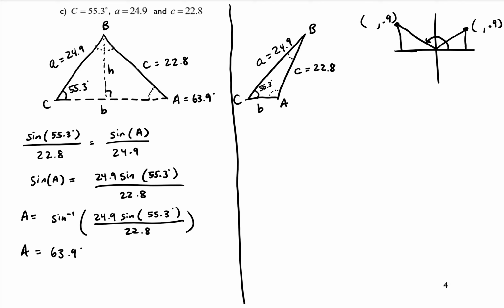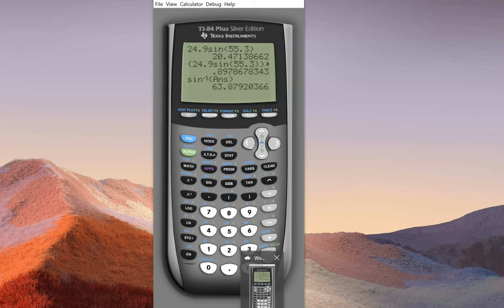And the way that we're going to figure out A in the second triangle is we know that the reference angle here is 63.9 degrees. And so to figure out this angle, we're going to do 180 degrees minus 63.9 degrees.